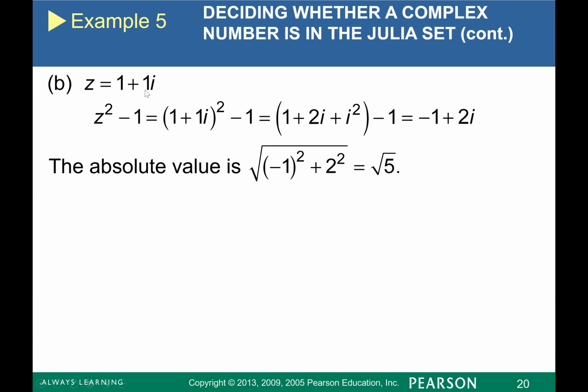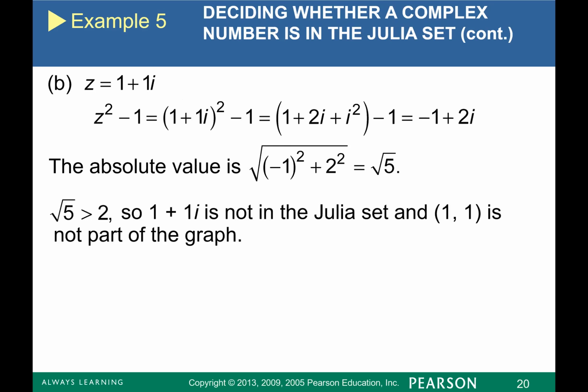On the previous one, they just said it was equaling the number 0. It just made it a little easier. The square root of 5 is greater than 2, so this is not in the Julia set. So we can stop there. As soon as you get an absolute value that's greater than 2, you just stop. It's not in the Julia set.